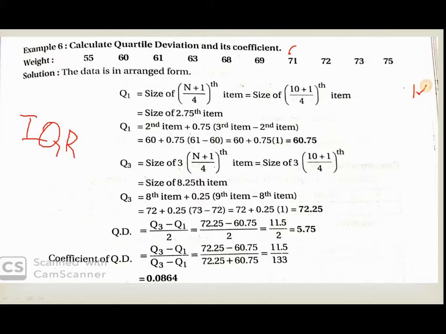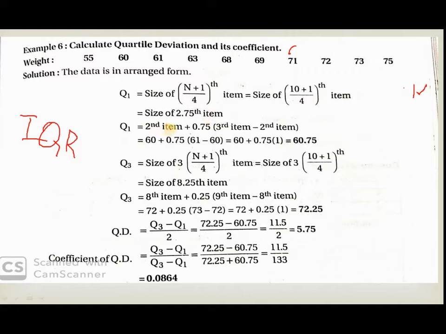What is the second step in an individual series? Apply the formula. Q1 is equal to the size of the (n plus 1) by 4th item. In an individual series, n is the number of variables. So with 10 numbers, it is 10 plus 1 by 4, and we get 2.75.